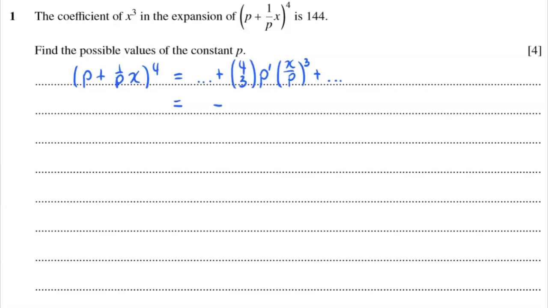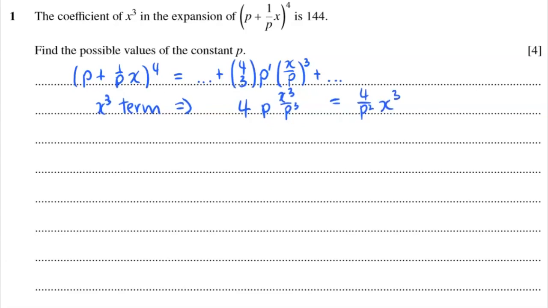And so what we get here, I don't want to keep working like this. Let's just go, what can we say? The x cubed term is, and let's just work with that. So it's going to be 4 times p times x cubed over p cubed. All right, we want the coefficient of x cubed, so let's cancel a p. We're going to end up with 4 over p squared times x cubed.